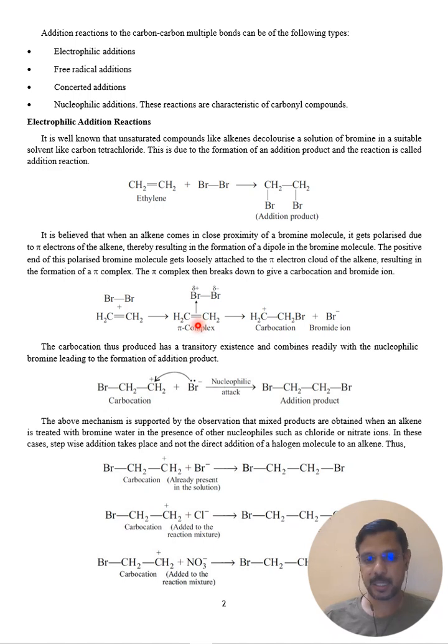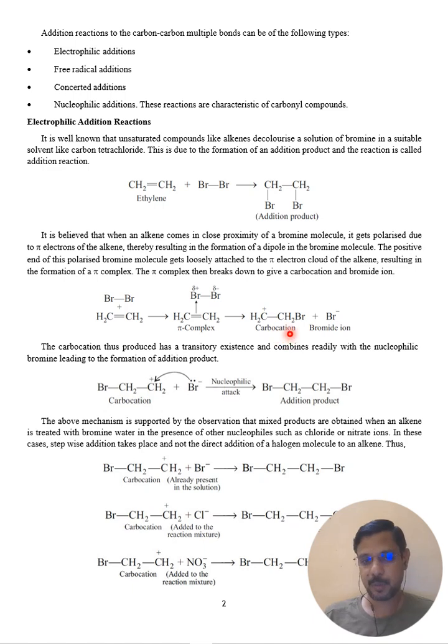The pi electrons we generally consider as an electron rich center. When the electron rich center approaches the bromine molecule, it polarizes it, and partial charges are generated on the bromine. Once the partial charge is generated, the electron rich center of the pi bond attacks the partial positive charge on the bromine atom.